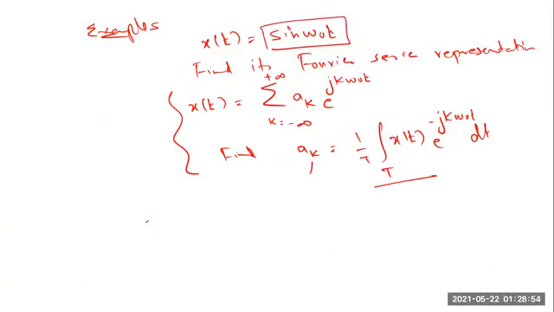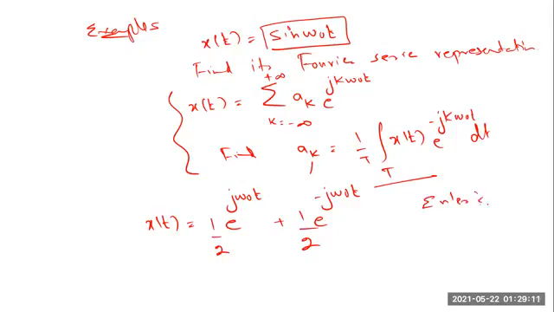We already know that x of t can be represented as e raised to power j omega naught t minus e raised to power minus j omega naught t, and then the whole divided by 2j. This is using Euler's relationship. And now you can clearly see that we have represented our signal in terms of our complex Fourier series.